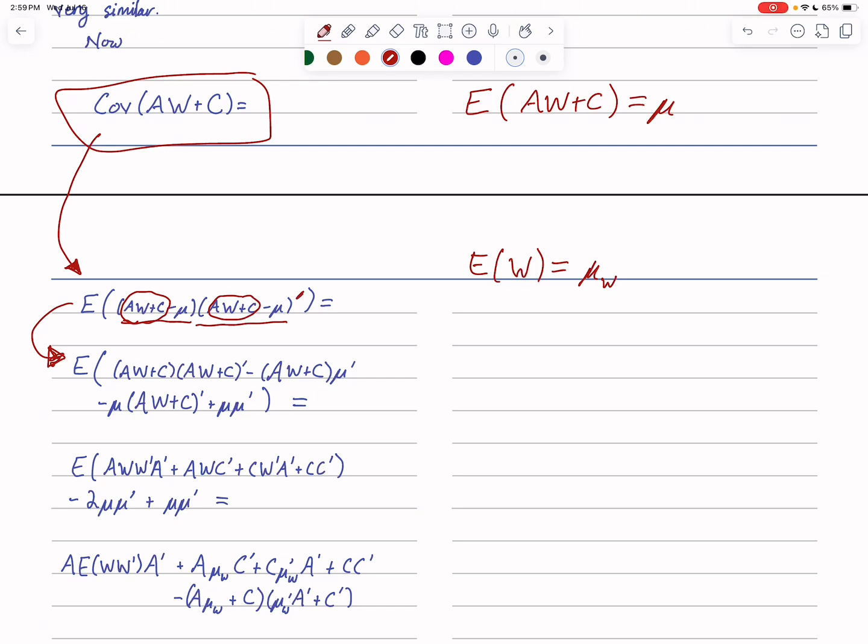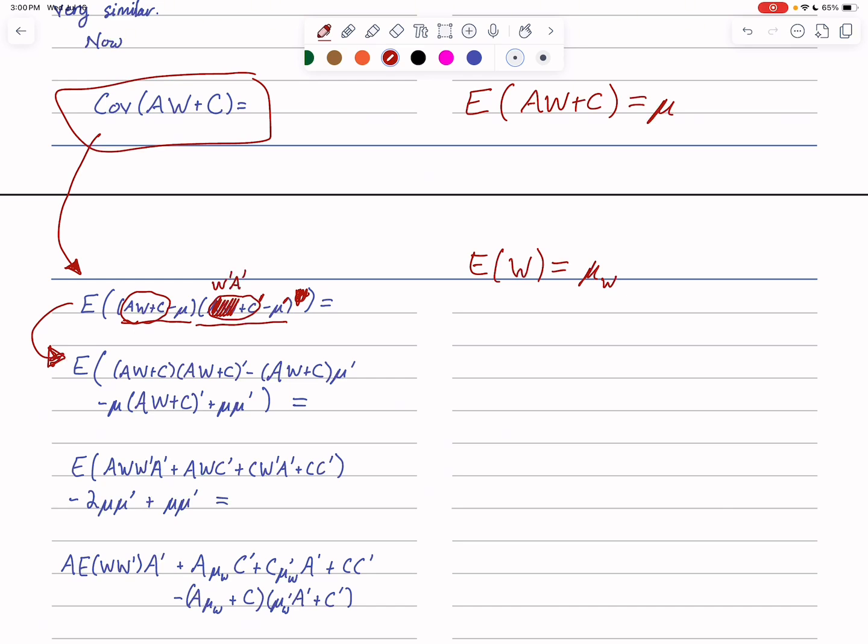If we didn't want to have it on the outside, we would distribute it to the inside. You'd get mu prime there, and C prime here. Now you have to be careful because here you would not get A prime W prime. You have to remember your linear algebra: if you take the transpose of a product, you get the individual transposes, but they are written in reverse order.